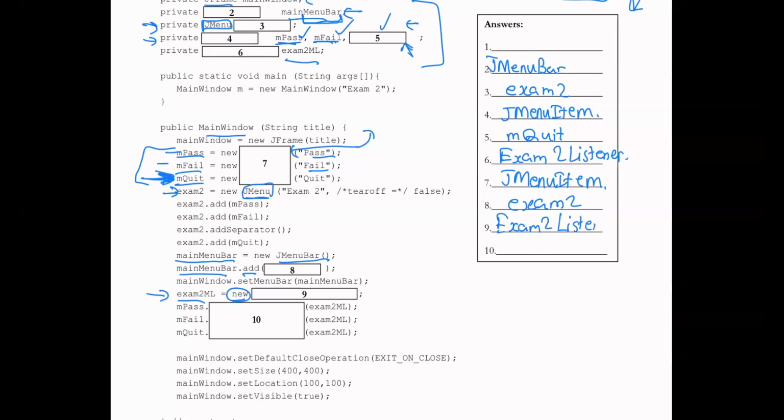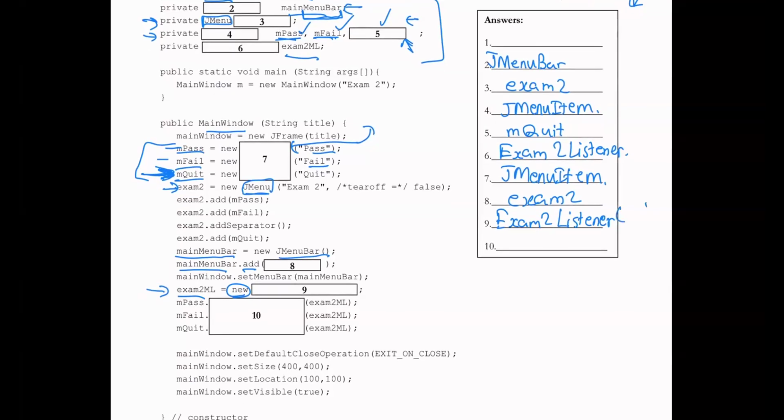But since I am creating an object, I need to add parentheses. And since it's an action listener, we need to pass this. So this will pass your whole JFrame to another class to do something when you click.